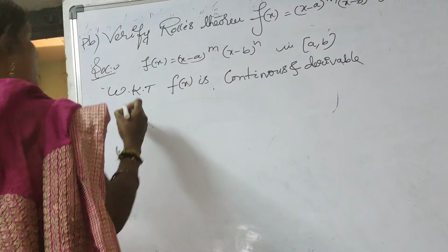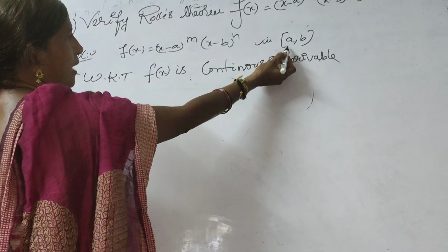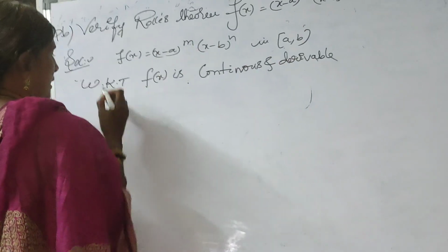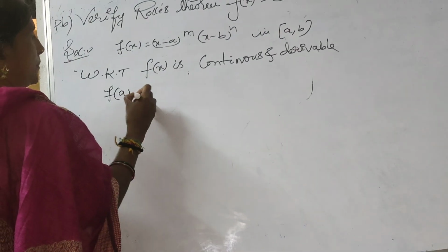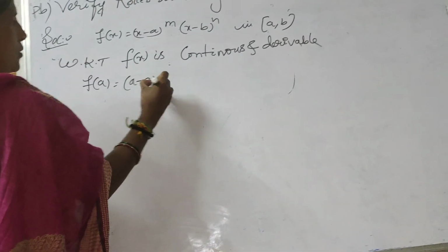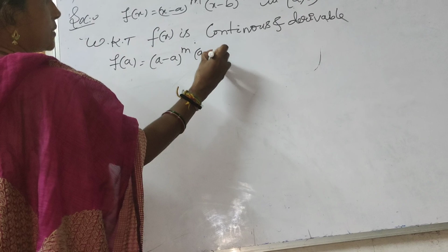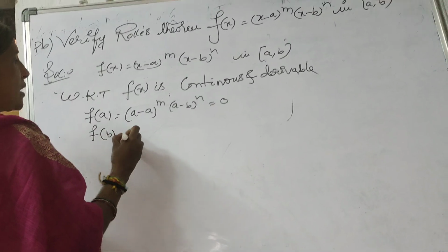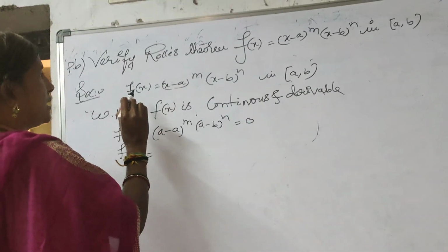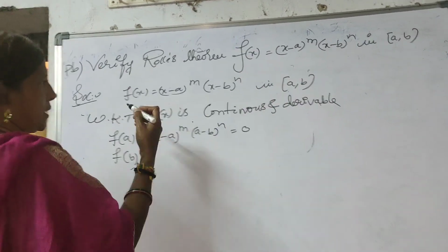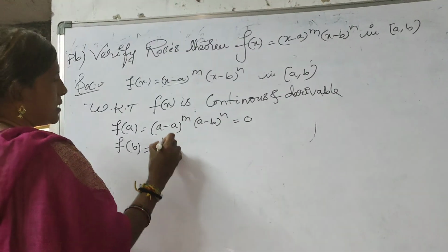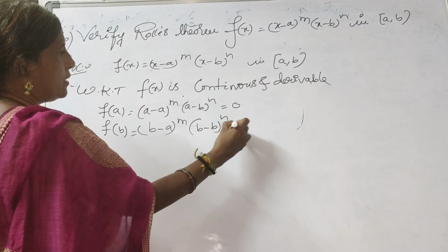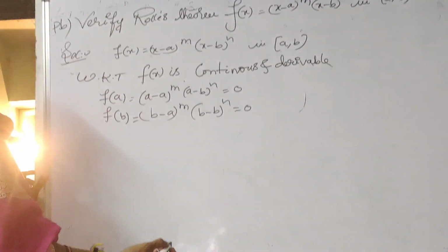Now, in the given function f of x, in place of x we write a. That is, f of a equals a minus a whole power m into a minus b whole power n, which equals 0. And f of b: in terms of x I write b. f of b equals b minus a whole power m into b minus b whole power n, which equals 0.